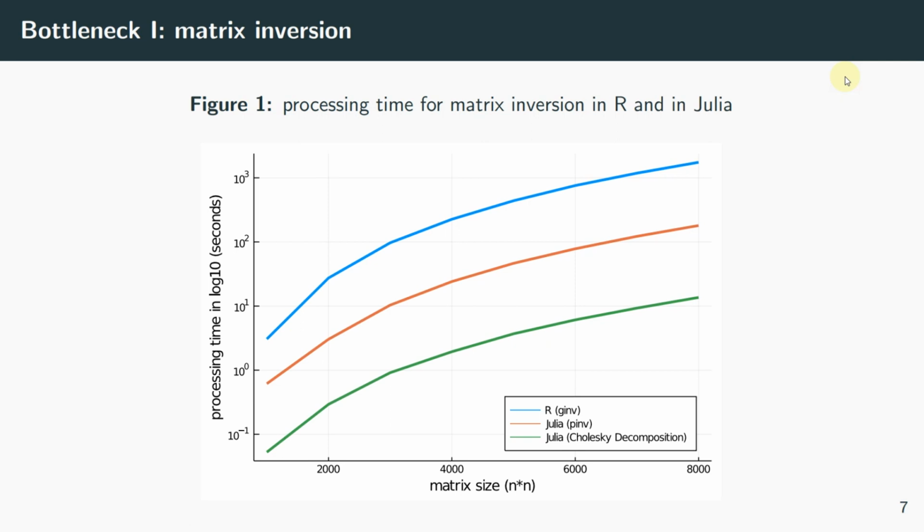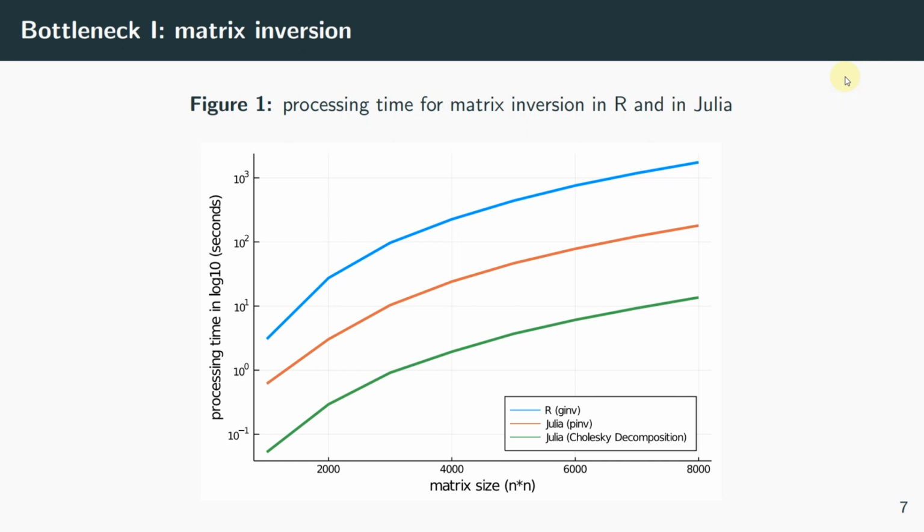Here I attached a graph comparing processing time for matrix inversion in Julia and in R. The x-axis indicates the size of the matrix, and the y-axis indicates how long it takes to find the inverse of that matrix in seconds. Please notice that the time is on a log 10 scale.